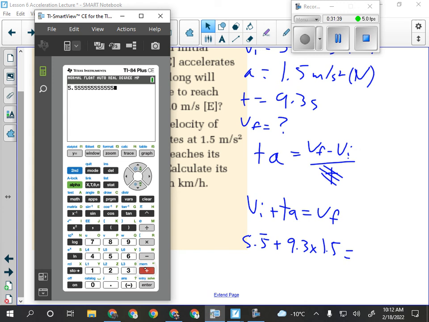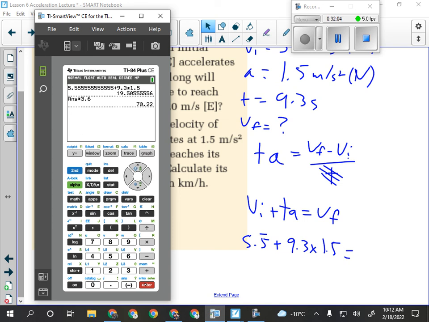That's not as accurate, but it'll do for now. All right, so 19.5 meters per second, but I gotta multiply that by 3.6 to get the kilometers per hour, 70 kilometers per hour. Okay, everybody good with that one?